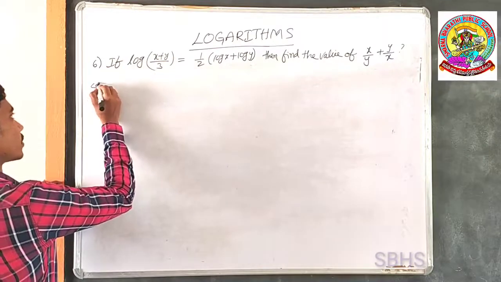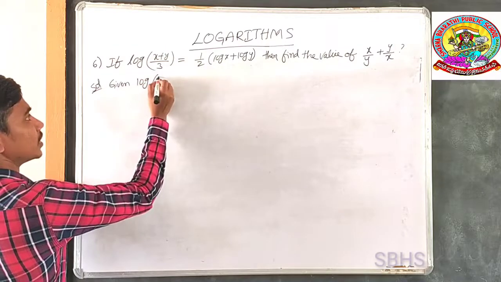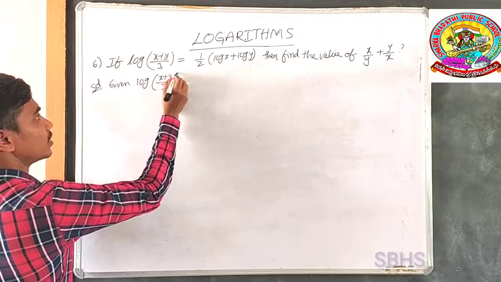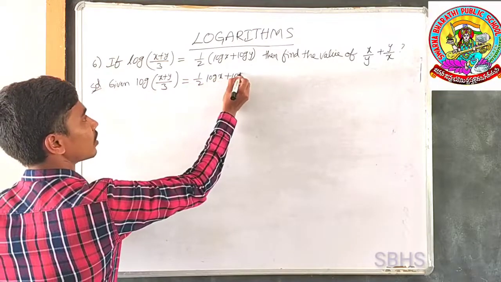So take the given equation. Given: log ((x plus y) by 3) is equal to half log x plus log y.